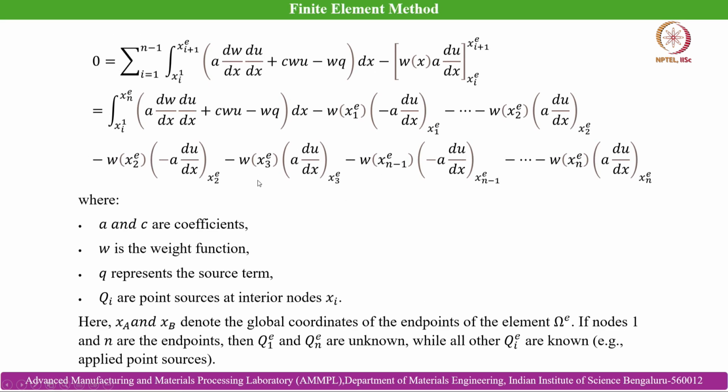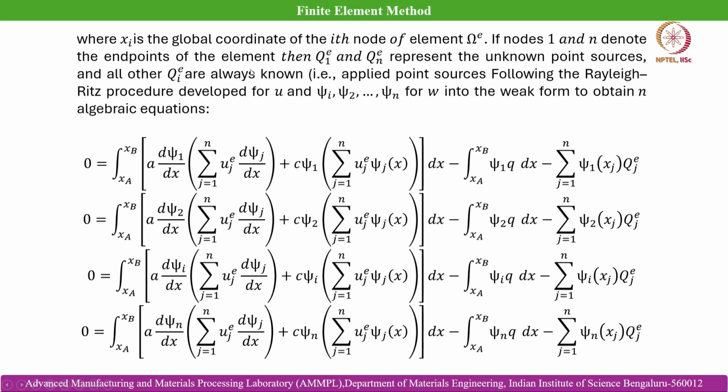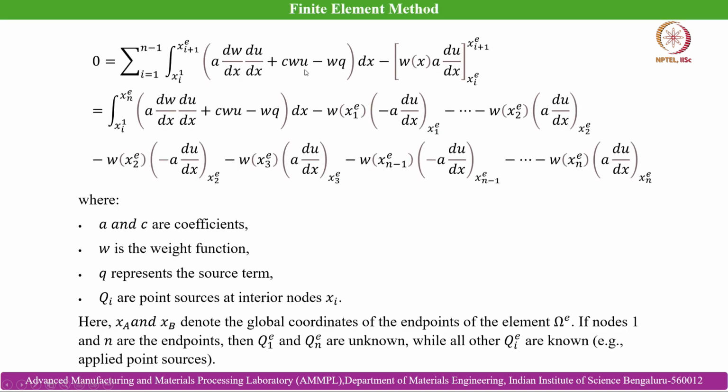Please match it with the weak formulation that we discussed before; we are writing the similar thing here, plus c psi_1, that is the c u w term, written here.